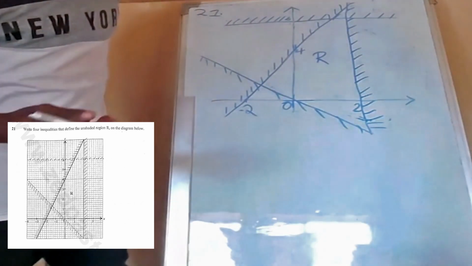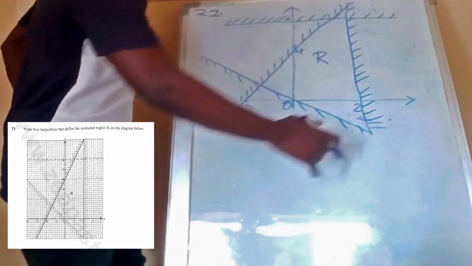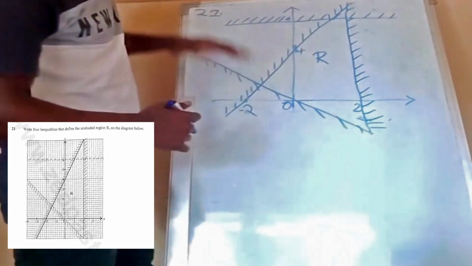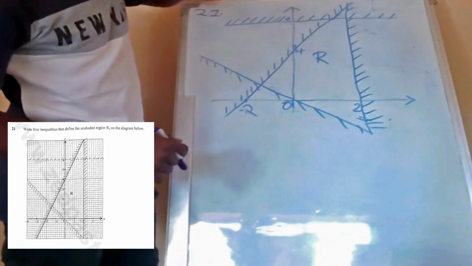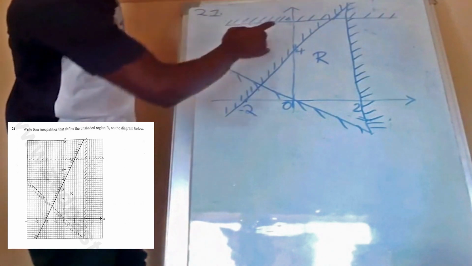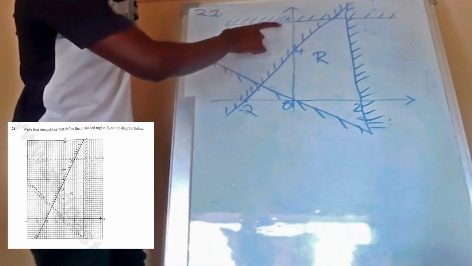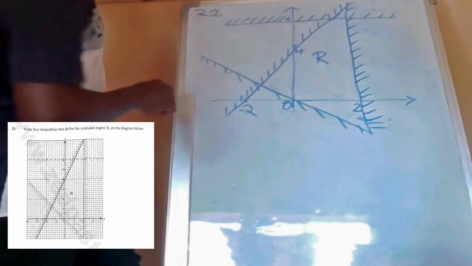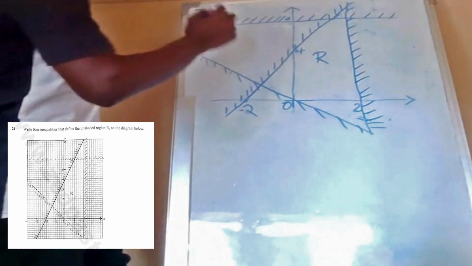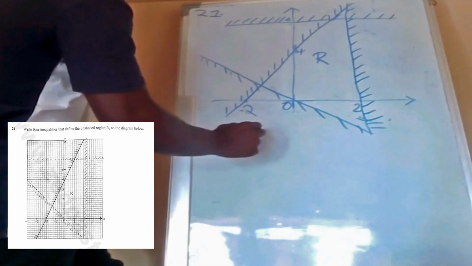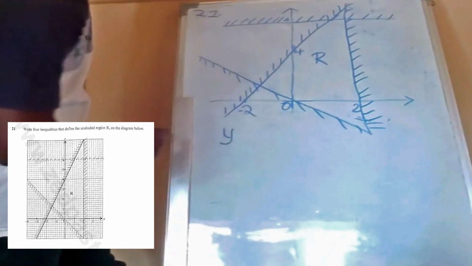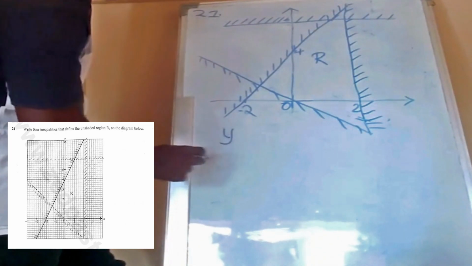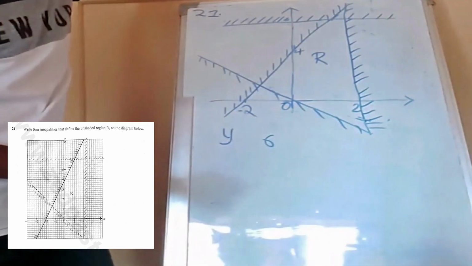So the easiest ones to start with are these horizontal and vertical ones. So we've got one horizontal and one vertical one. So for the horizontal one, it's passing through 6. I hope you can see the 6. So it's passing through point y, 6. So this is how I do it. You write your coordinate there, y, and the value 6.